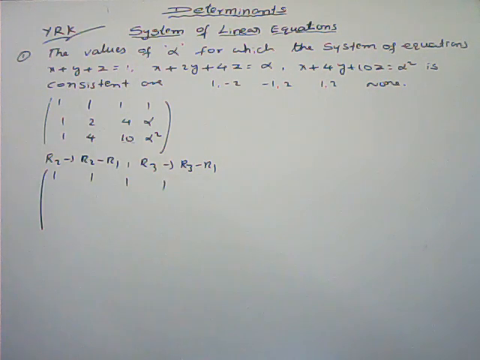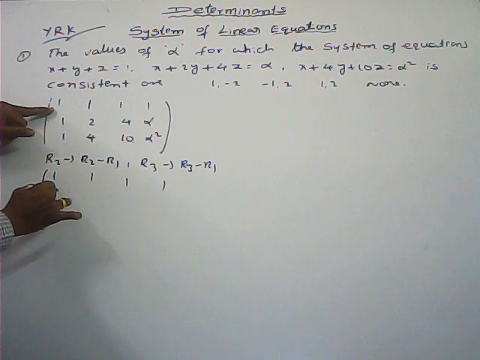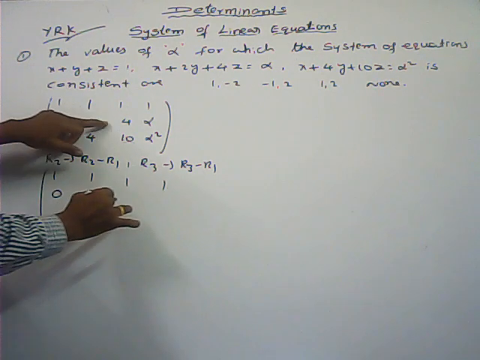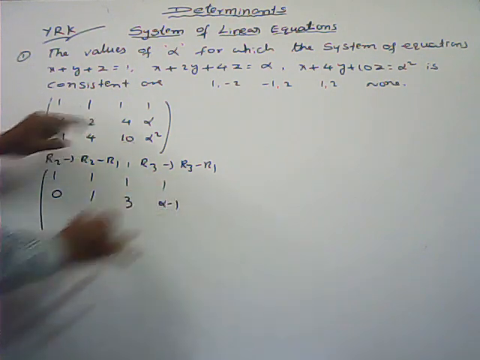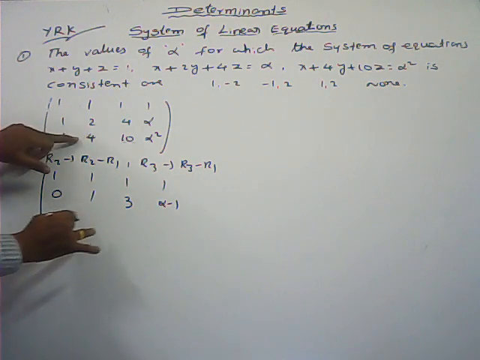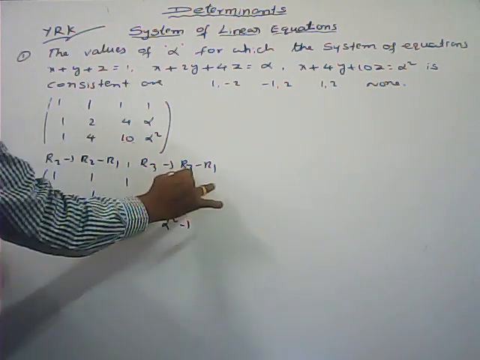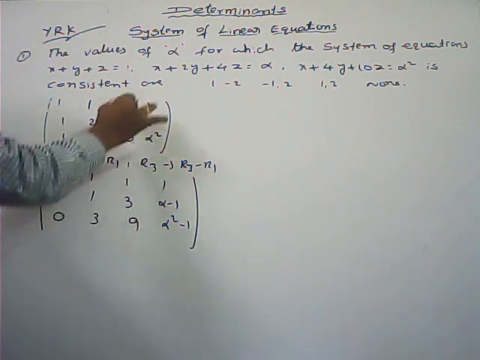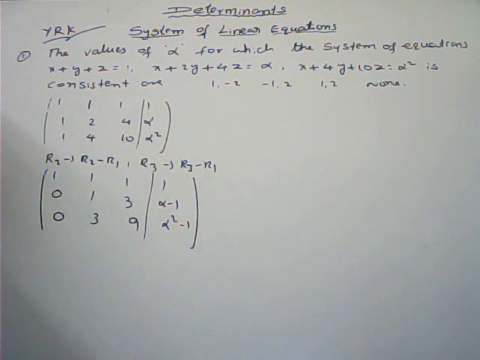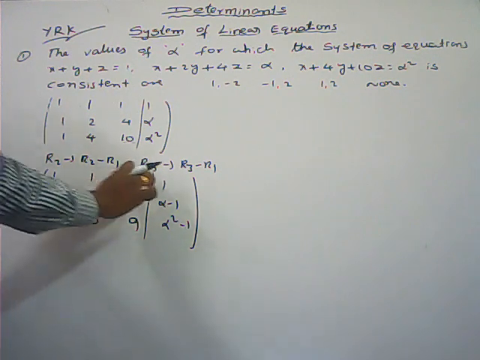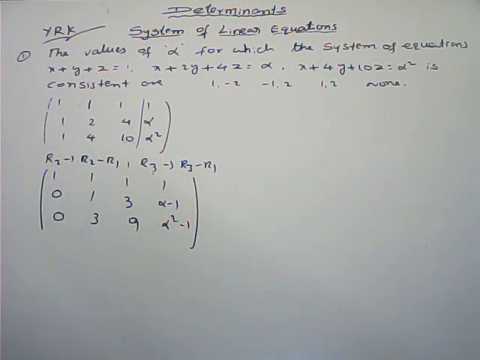Here we are using only 2 operations to convert into echelon form. 1 minus 1, 0, 2 minus 1, 4 minus 1, alpha minus 1. 1 minus 1, 4 minus 1, 10 minus 1, alpha square minus 1. Always like that. No problem. Next.